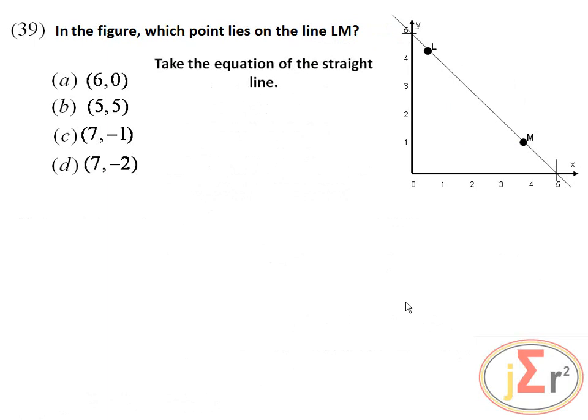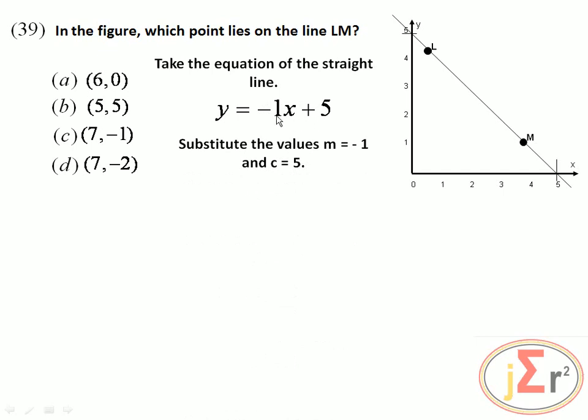Take the equation of the straight line. That is what we are going to write down now. We know the value of the gradient, which is m, and the value of the constant c, which is the y-intercept. Substitute the values. M is equal to negative 1 and c is equal to 5. Right, so we have y is equal to negative 1x plus 5.